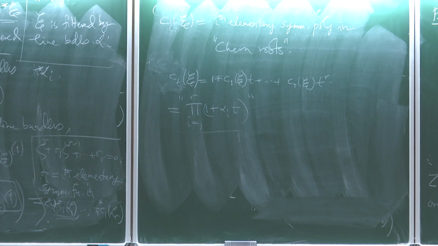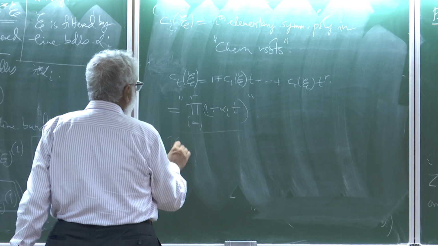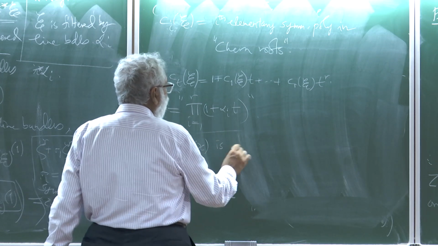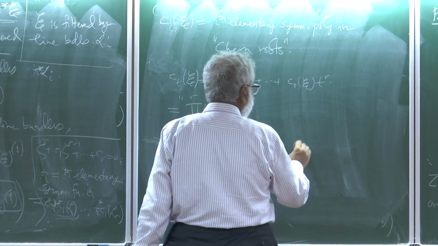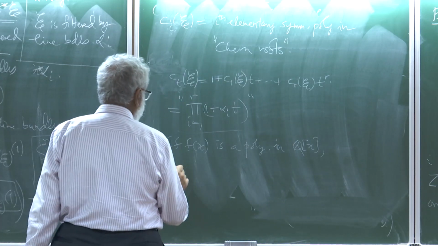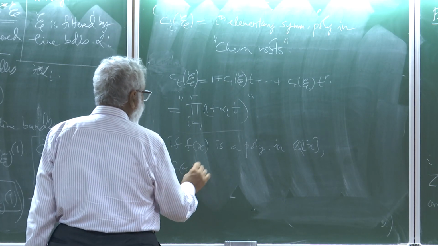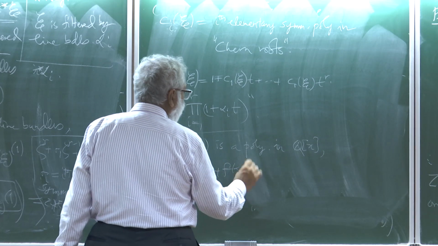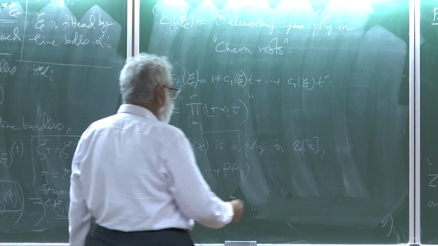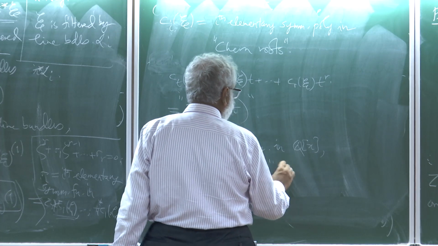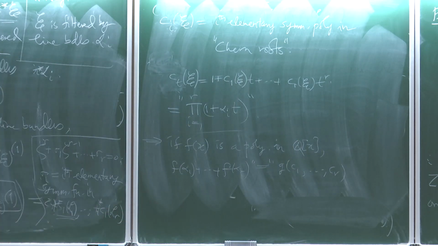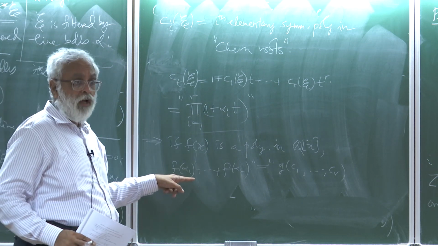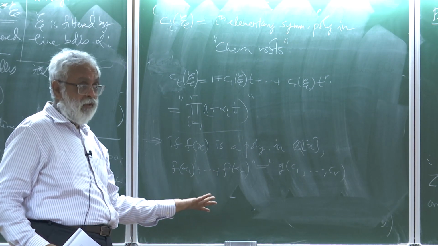So if f of x is a polynomial, let's say in Q[x], and I form the expression f of alpha 1 plus ... plus f of alpha r, I can rewrite this in some formal way as g of c1, ..., cr, right? Because an expression like this is symmetric in the alphas.